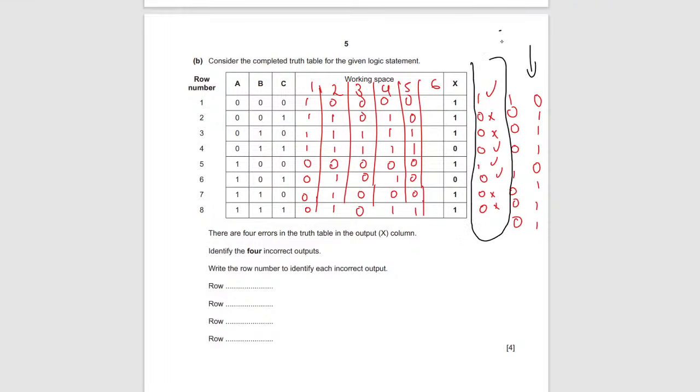This was the OR gate, and to get the NOR gate, I do the opposite of the OR gate. That's why it's a bit messy. So this is the correct one. So 6 would be 1, 0, 0, 0, 1, 0, 0. And the question is asking which one is right, which one is wrong, sorry. So this one's all right, except row 2, row 3, row 7, and row 8.